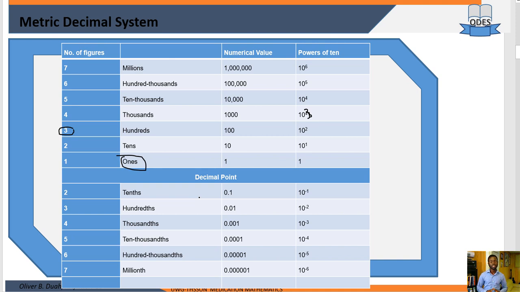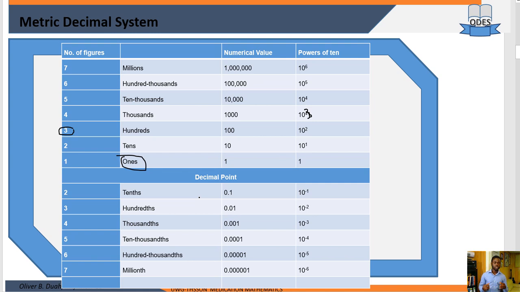When we say leave your answer to the hundredths, it just means 2 decimal places, which is going to be 10 to the power minus 2. And this is going to be 0.01.